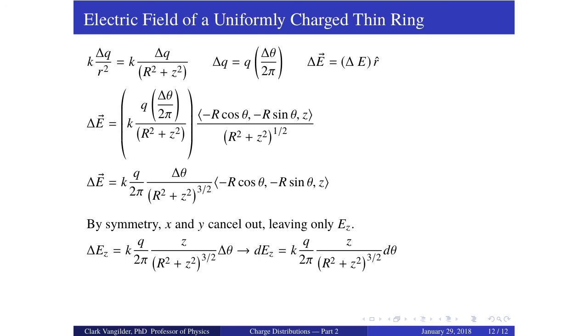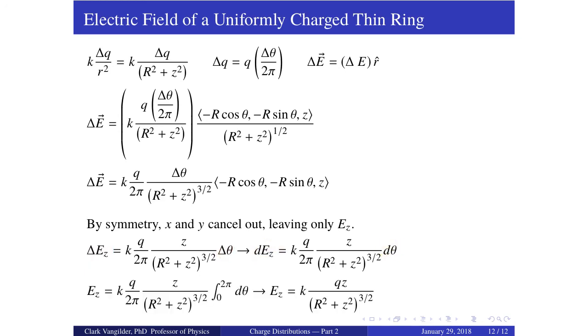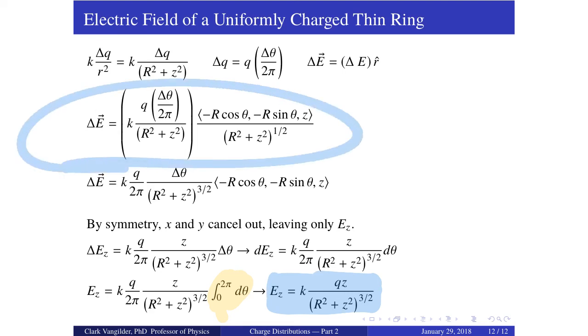So for those that are interested in the calculus, a chunk of field dependent on this chunk here, those become differentials in calculus land, which lets us add things up with respect to that variable, and we get, in the end, an equation that's obviously better to look at than this rigmarole here.